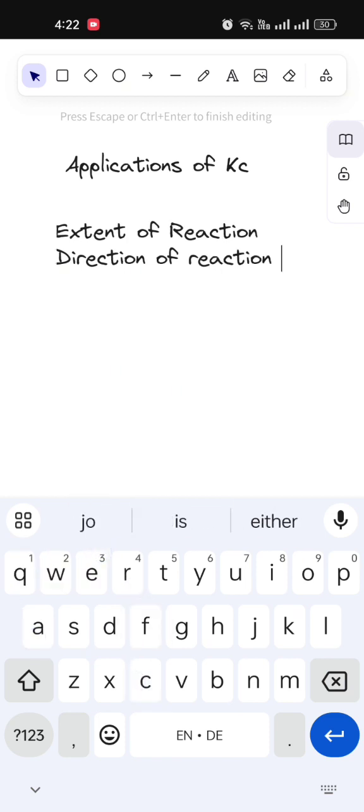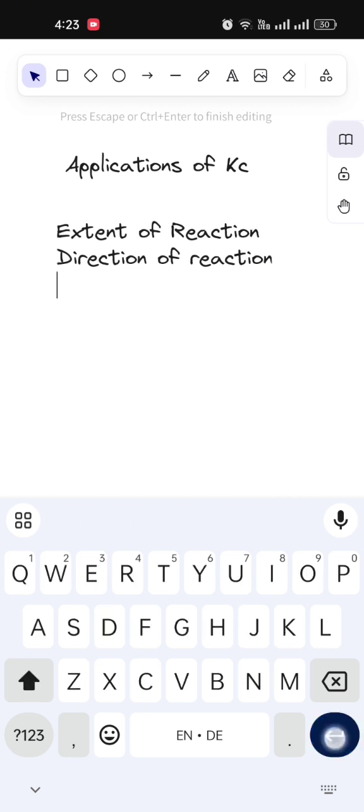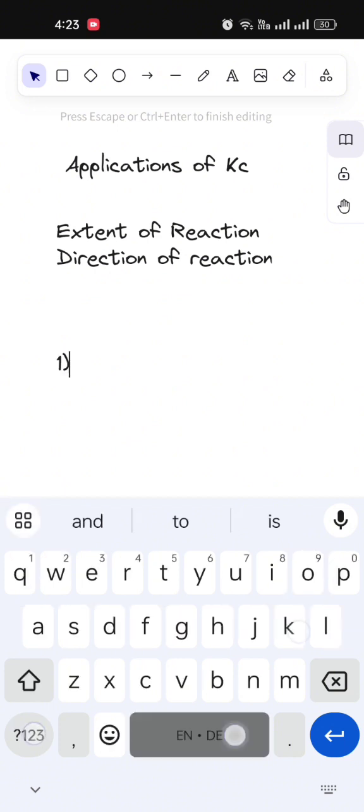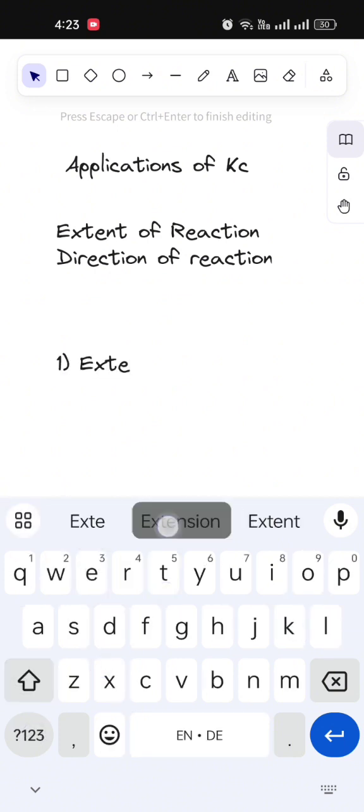So we have two applications of Kc. One is to predict the extent of reaction, and the second is to predict the direction of reaction. In this video we are only discussing one application, which is the first application, the extent of reaction.